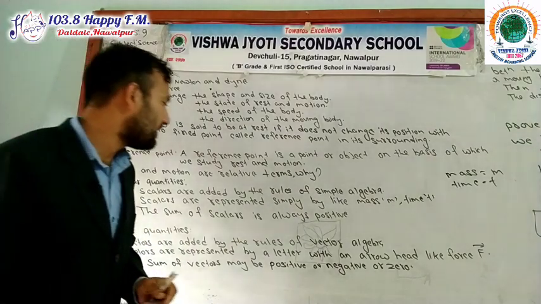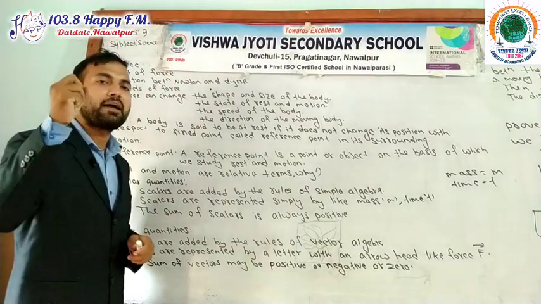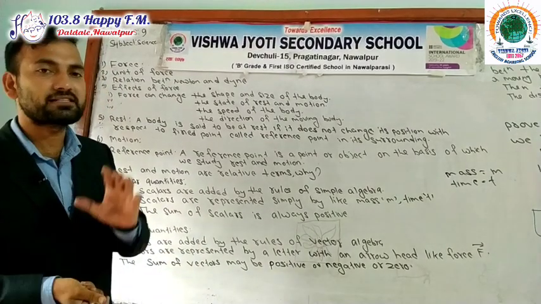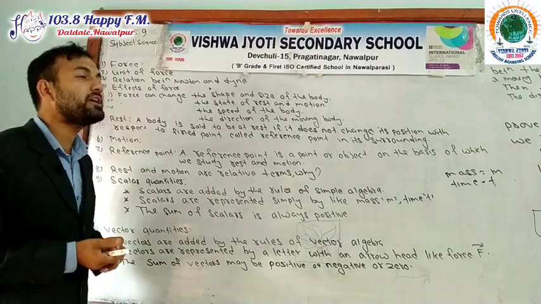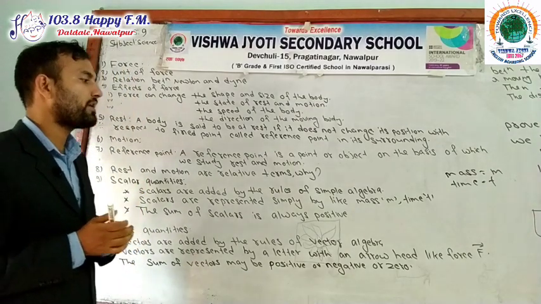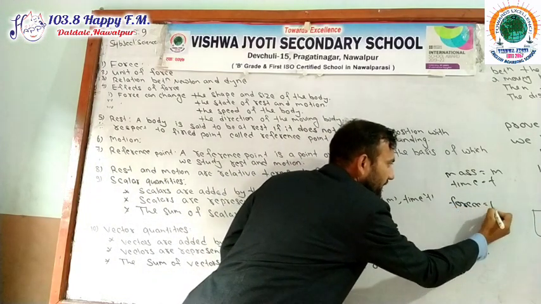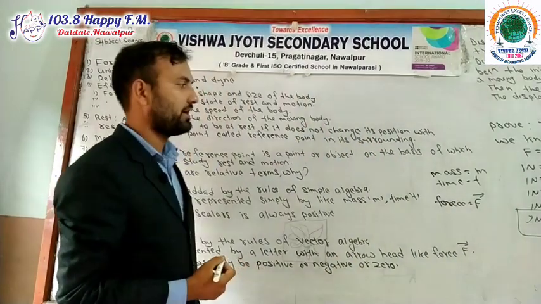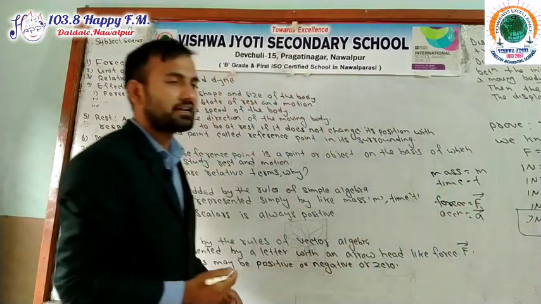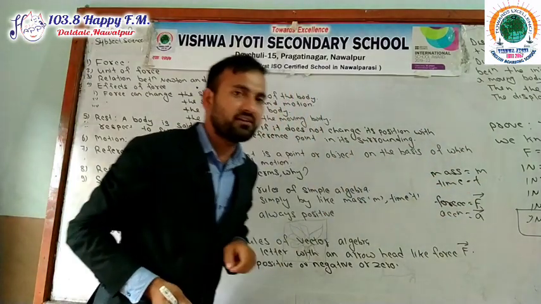Vectors are added by the rules of vector algebra. Vectors are represented by a letter with an arrowhead, like force F with an arrowhead and acceleration A with an arrowhead.